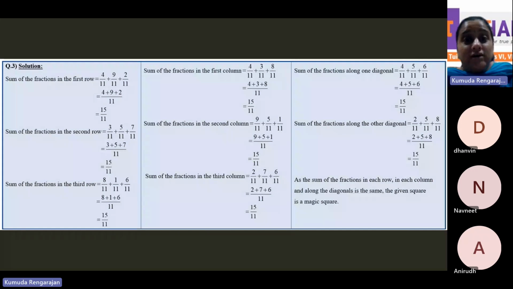Less talk, more work. Talk less, work more. Done, children? Taken a picture of the answer? Done, ma'am. Very good. No, ma'am. Ma'am, wait, I can't see it, ma'am. Oh, then you leave the meeting and join, Anirudh, if you can't see.